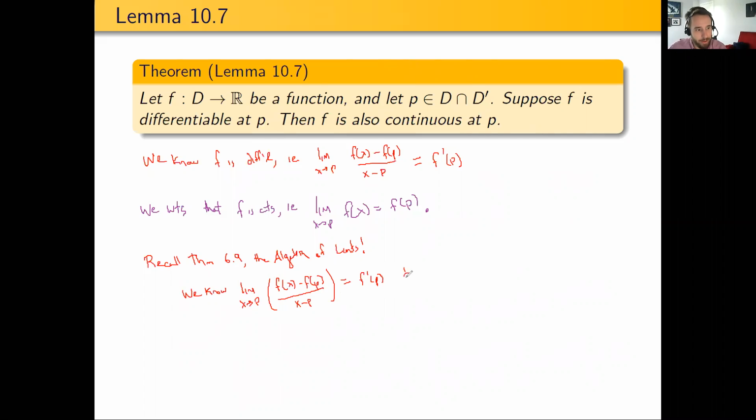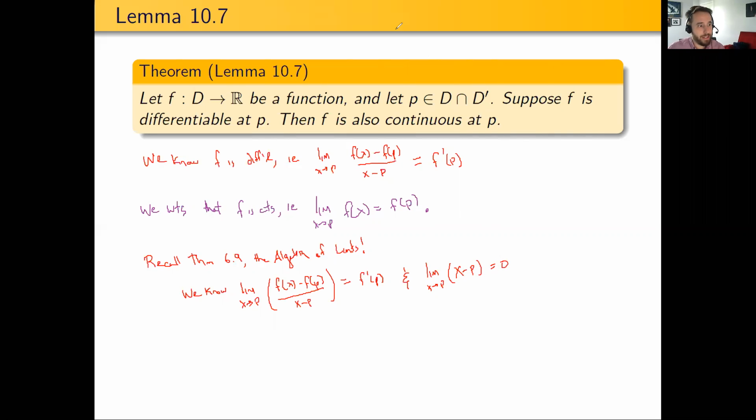At the same time, we also know that the limit as x goes to p of the quantity x minus p, well, x minus p is a linear function, a first order polynomial. We have seen that those are continuous. And in fact, this goes to p minus p, which is just equal to 0. So those are two limits that we definitely know.